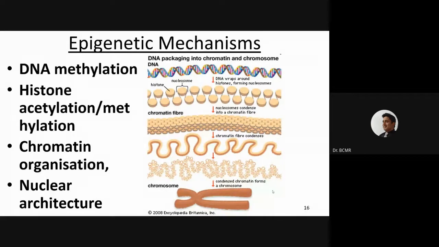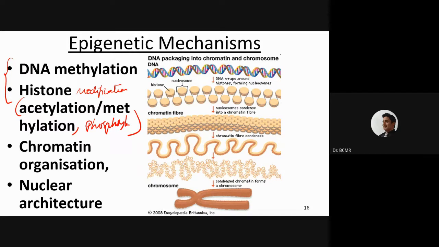Now coming to epigenetic mechanisms, there are four prominent ones, out of which two, DNA methylation and histone modification, we have discussed, and those are the well-characterized and best understood ones. Histone modification includes acetylation, methylation, and also phosphorylation.